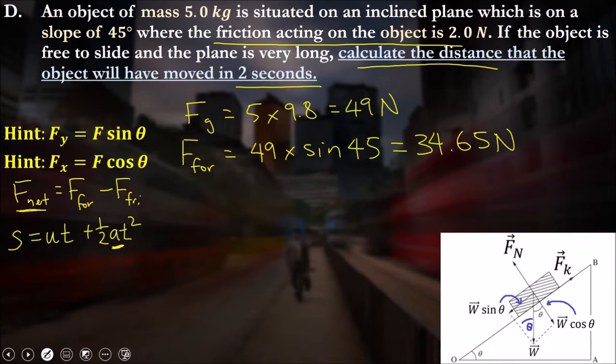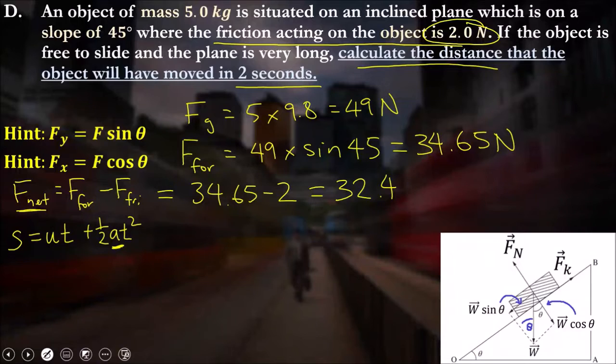The next step is to work out what the net force is. And we said the net force is just our forwards force, which is 34.65 minus 2 newtons. If anyone asks why, because the question said so. So the total net force we have is 32.65 newtons.